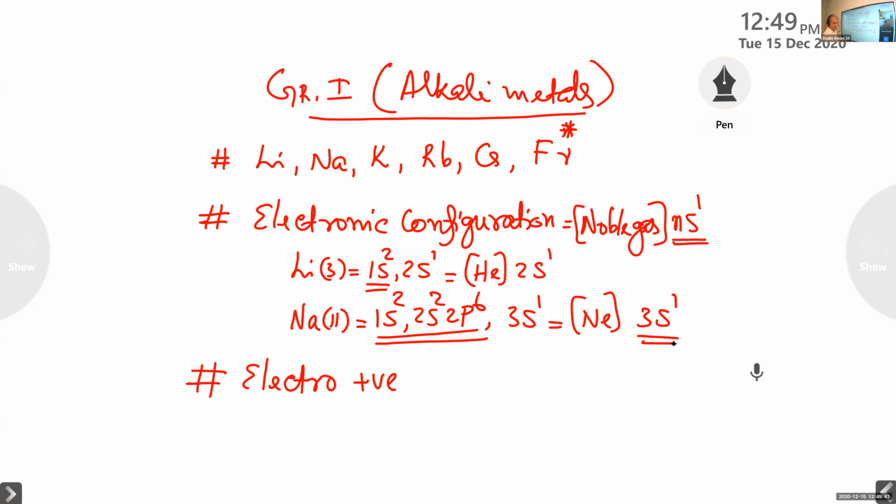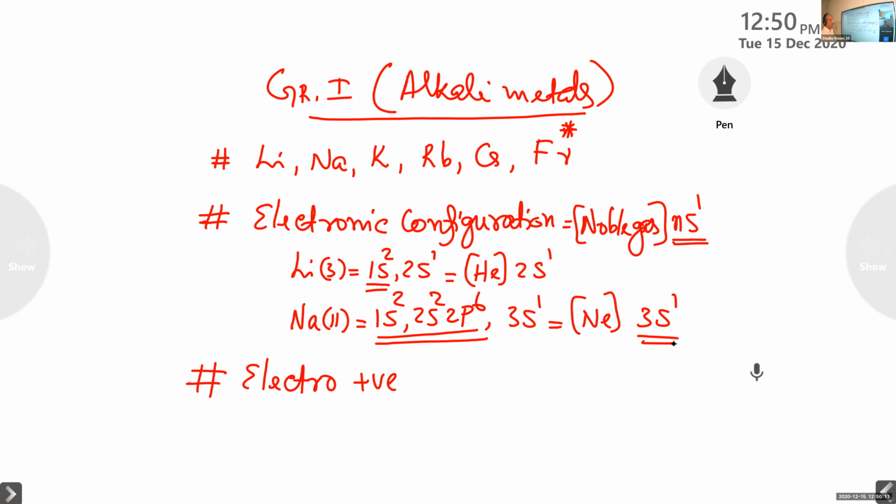Alkali metals are the largest atoms in a given period. You have studied in the periodic classification that at the left extreme there is the largest atom, and at the right extreme there is the smallest atom, except the noble gases.